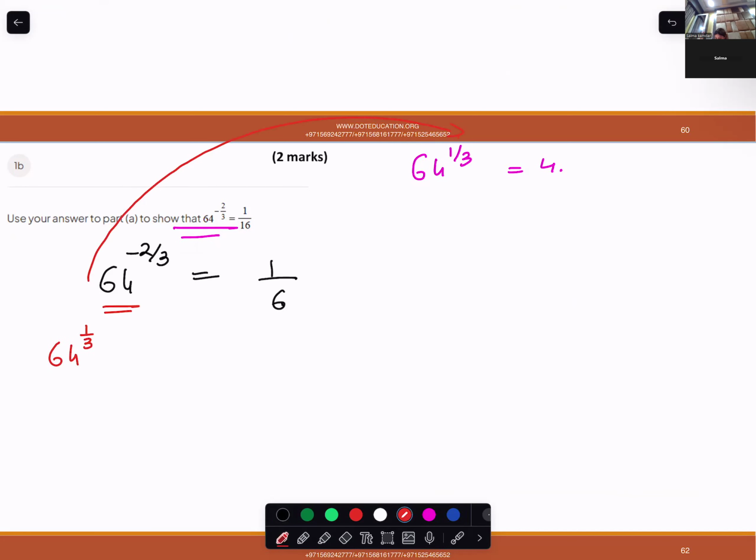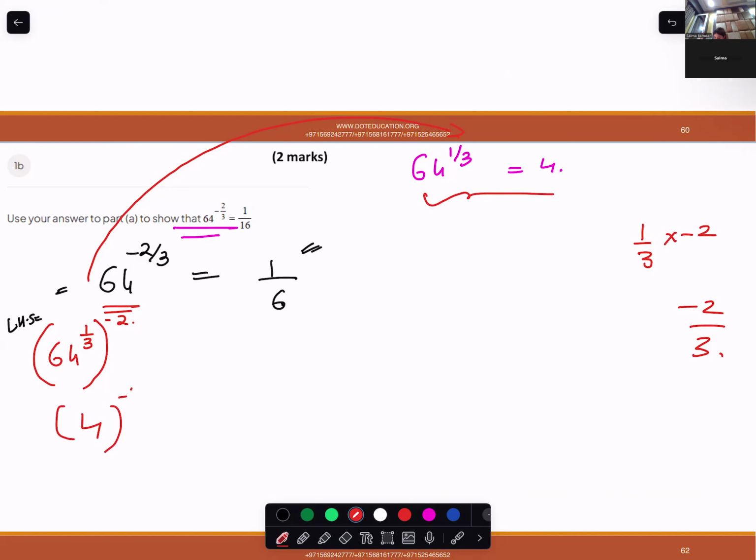I have to show that this is equal to 1 by 16. So I'm starting with the left hand side. 64 raised to minus 2 by 3 is 64 raised to 1 by 3, the whole raised to minus 2. I know 64 raised to 1 by 3 is 4, so this is going to be 4, the whole raised to minus 2. Now think.